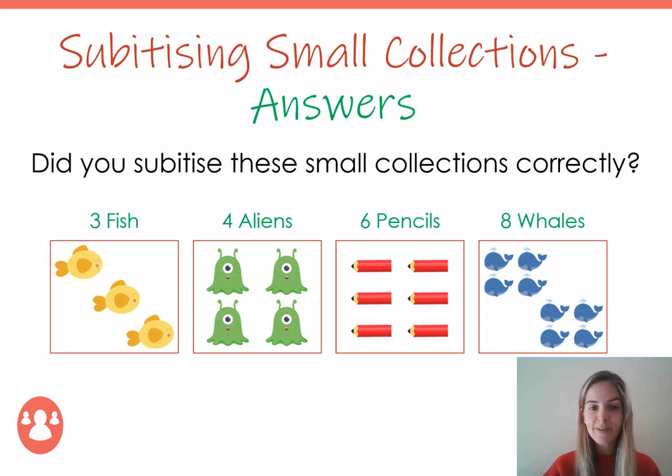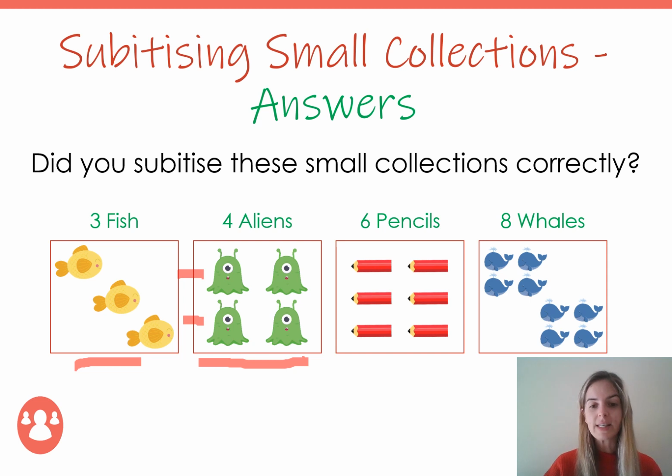Okay, so here are my answers. Did you subitize these small collections correctly? So in our first box, we had 3 fish, and then we had 4 aliens, and again, that is arranged to have 2 up the top and 2 down the bottom, and we know that 2 and 2 is 4.